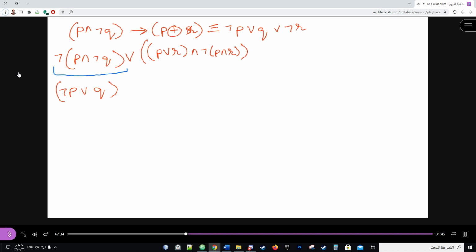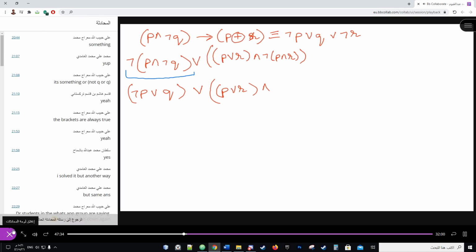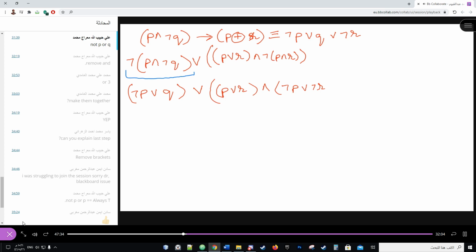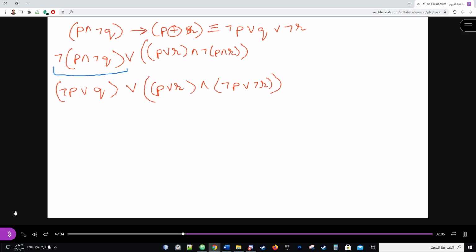And here, what can I do with this? I'll apply De Morgan's law again inside. So I have P or R and not P or not R. So I've got rid of whatever I could do to expand. This is what I have now.